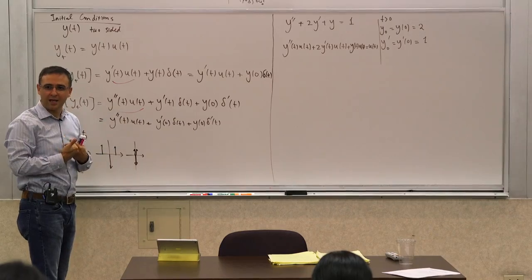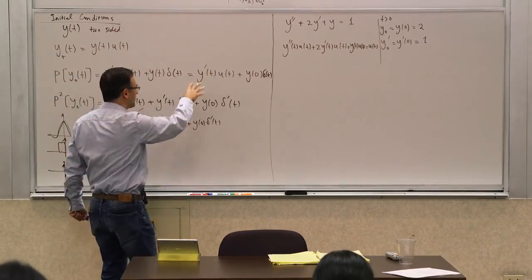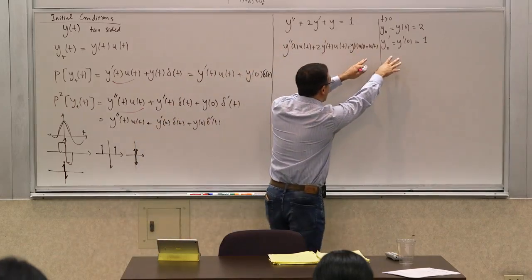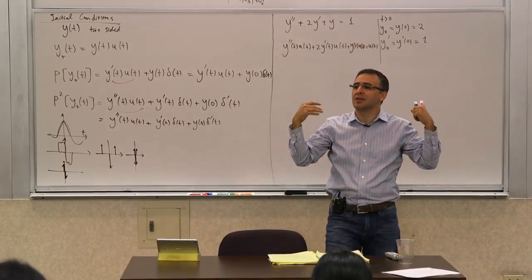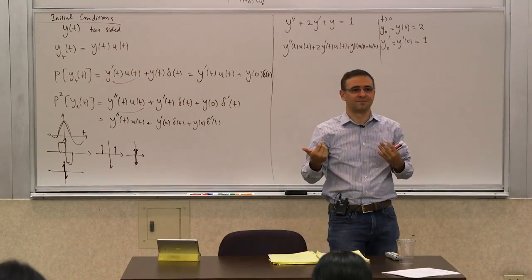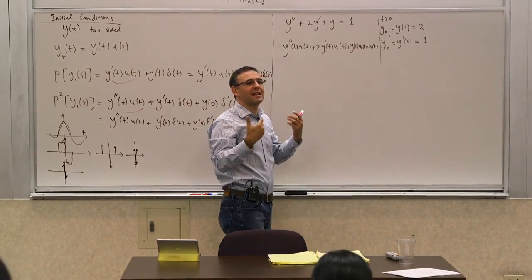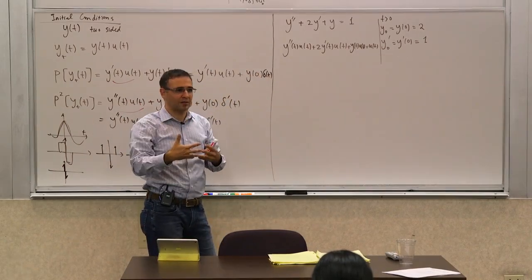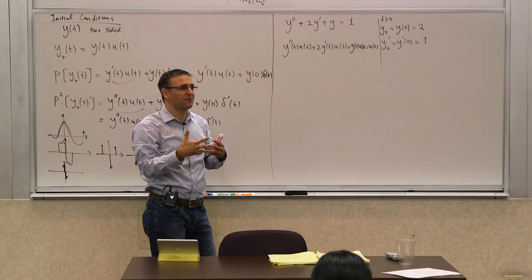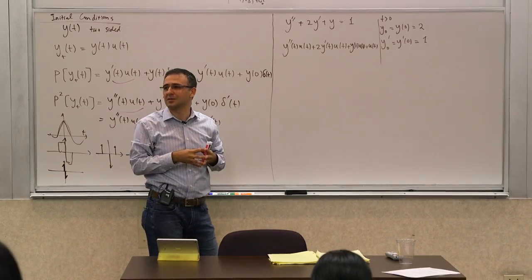And when I do that, it allows me to plug in the initial conditions and take these terms to the right-hand side, and effectively treat them like an input. So initial conditions and inputs in this viewpoint become more similar to each other. It allows you to treat the initial conditions as some sort of inputs to the system.